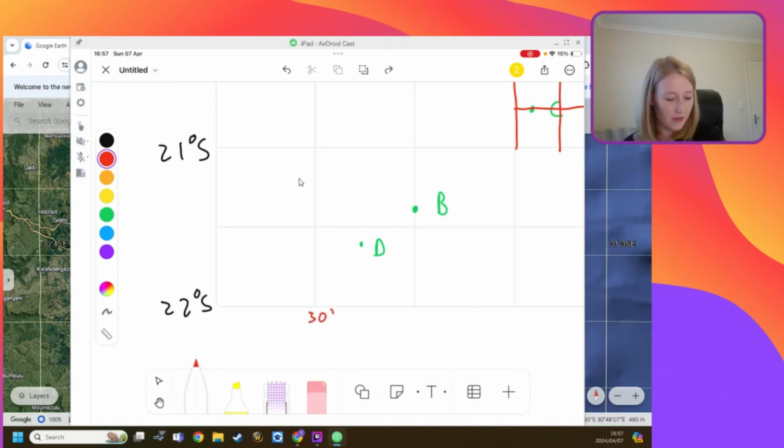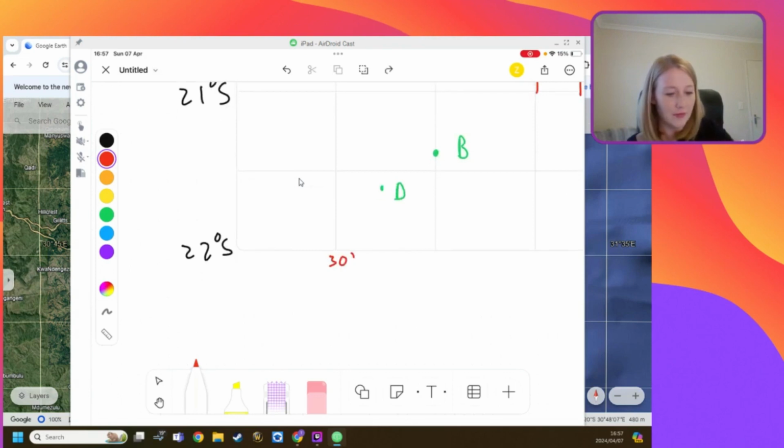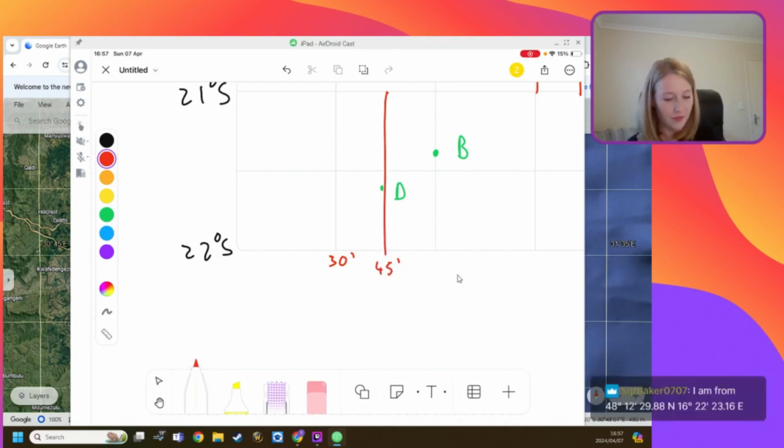Oh, why do you keep doing that? And here we're going to half the other halfway line. 45 minutes. So we're increasing towards the east, increasing that way. And I'd say that point isn't exactly on 45. Should we say 44?